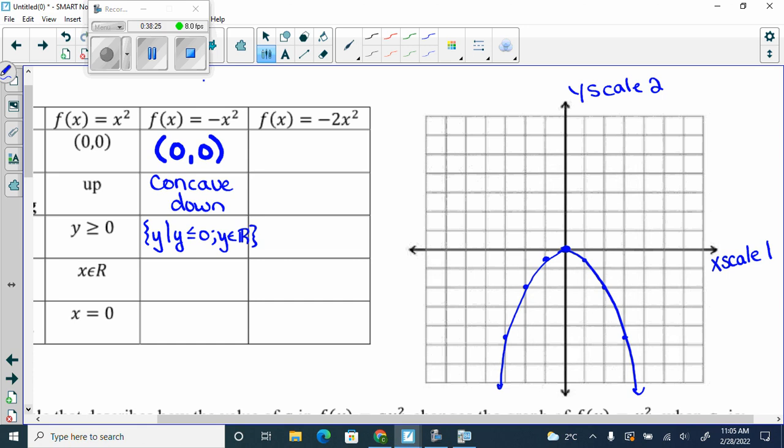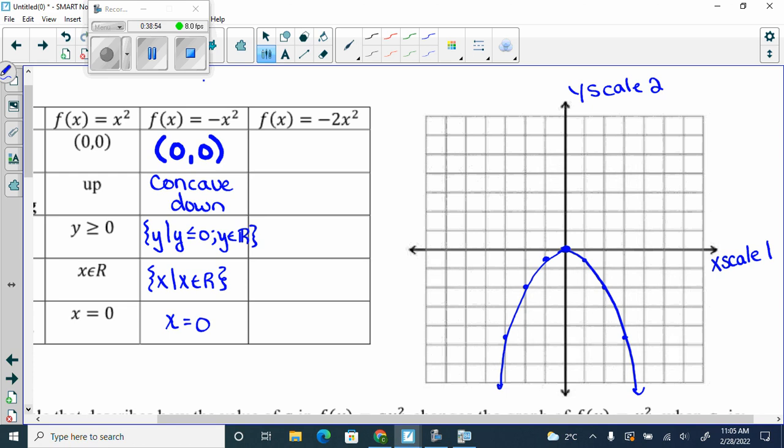Same thing, just x element of R. So whether we're up or we're down, unless it's a word problem, all quadratics are going to be x element of R, because all the x's exist. If you go this way or you go this way, they're going to go on for life, right? So it's going to be x such that x is an element of the reals. What about x equals 0? Is it going to be the same? Yeah, my axis of symmetry is still cutting through the y-axis, and the equation of the y-axis is actually x equals 0.